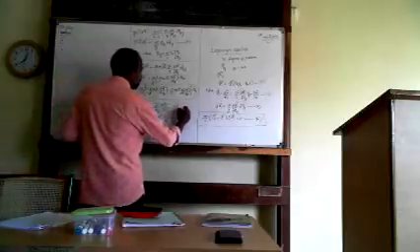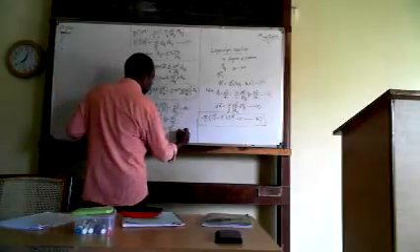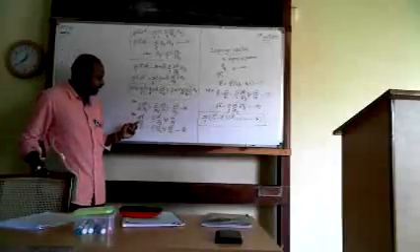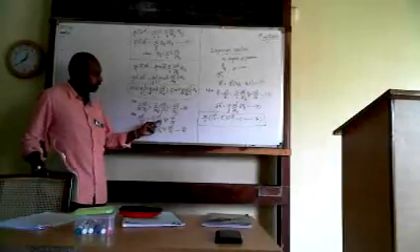Here this is small a and this is small b. Here we have expressed dRi/dt, that is Vi, in terms of Qj.